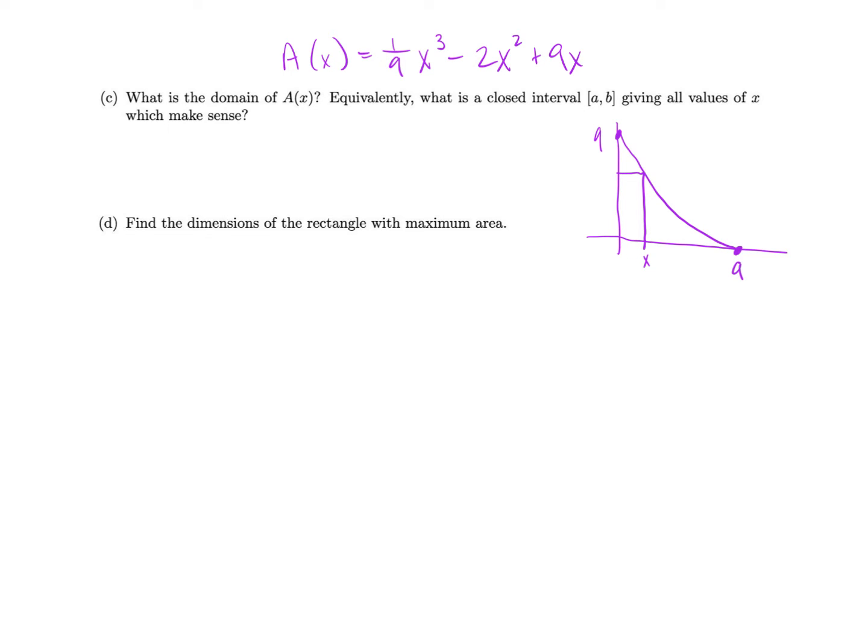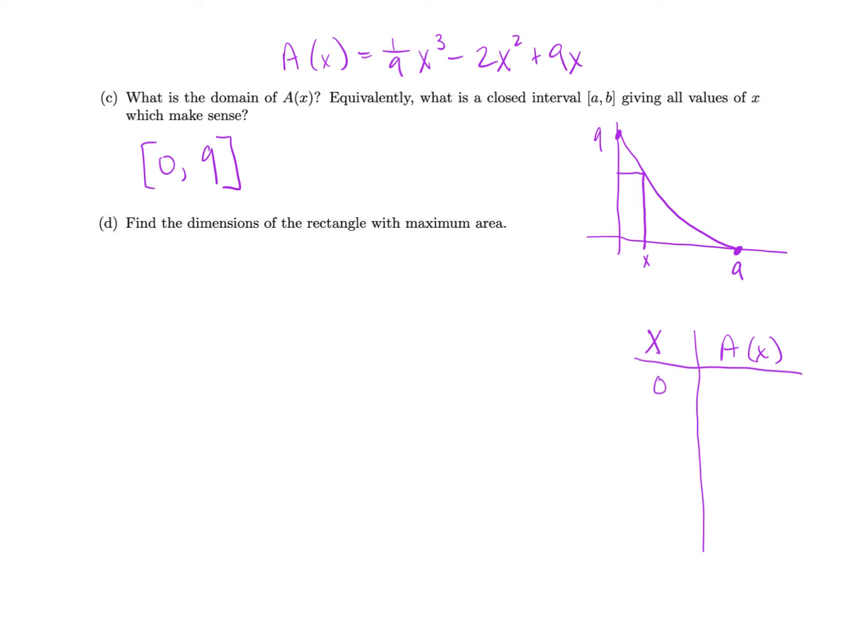The smallest it could be is 0. And the biggest it could be, as I move x to the right and still have a rectangle, would be 9. If x is at the origin, I would have a rectangle with a height of 9 but no width, and its area would be 0. And if x is 9, I would have a base of 9 but no height, and the area would also be 0. Okay, so my domain is 0 to 9.